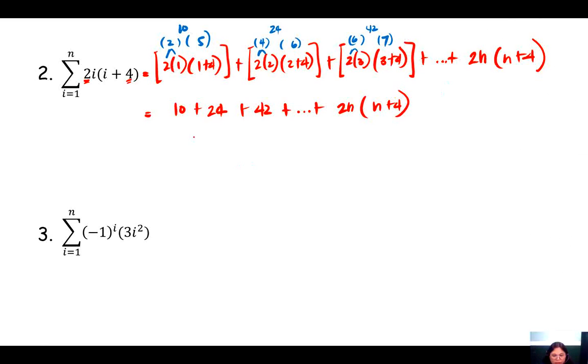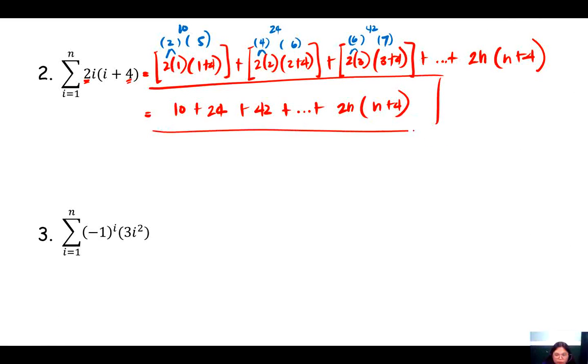Let's recheck. 2 times 1 is 2, 1 plus 4 is 5, 2 times 5 is 10, correct. 2 times 2 is 4, 2 plus 4 is 6, 4 times 6 is 24. 2 times 3 is 6, 3 plus 4 is 7, 6 times 7 is 42. So this is the expanded form of this summation.